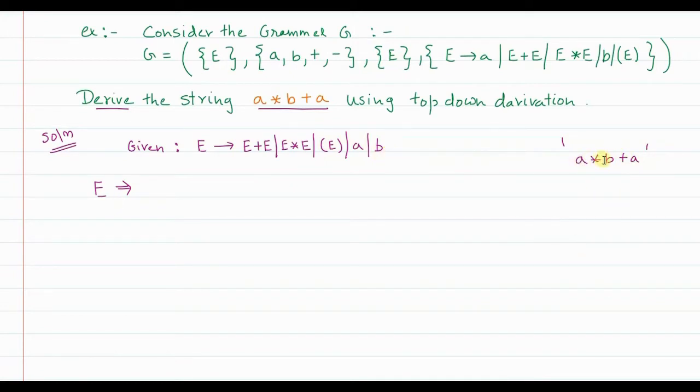Now you see this particular string: there is A into B, so there is a multiplication sign here. So I will try to replace E with E into E, so that the multiplication sign comes. But the string also involves a plus sign after the into, right?